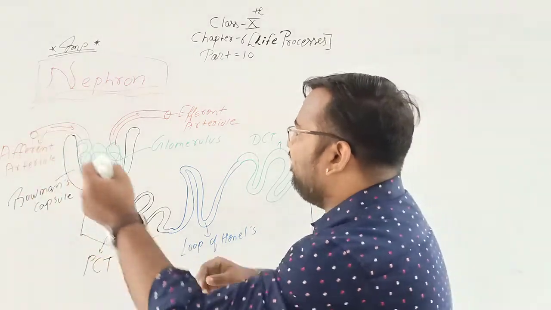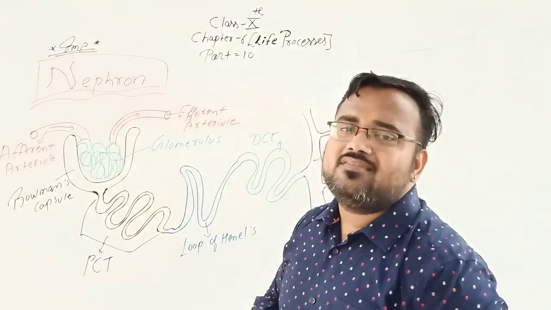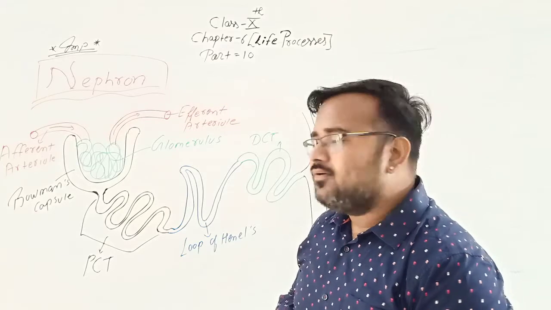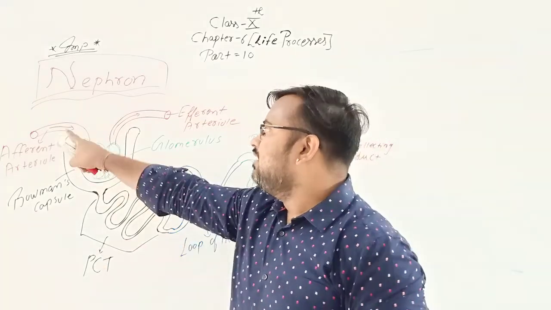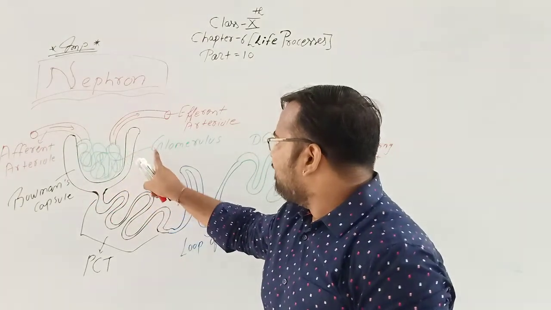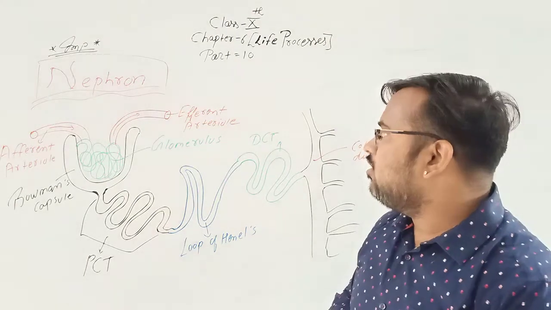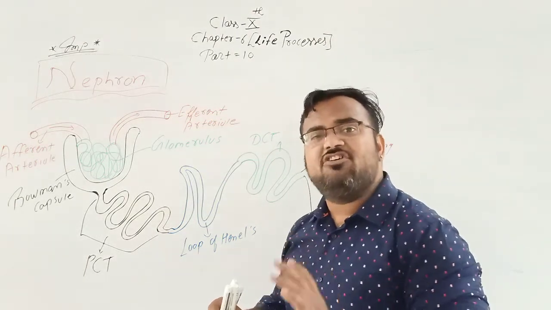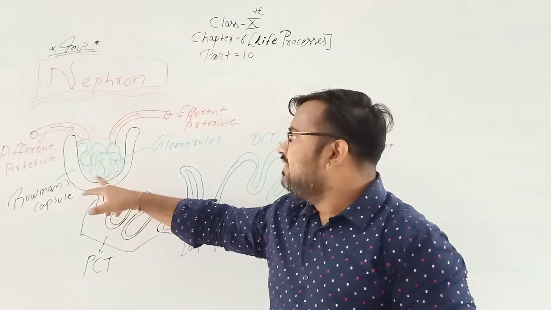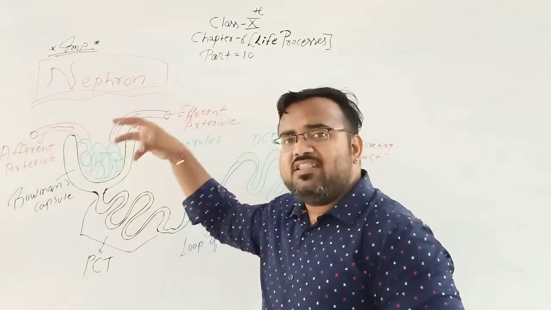Now, when the impure blood, the blood which carries the waste material, comes here, a network of capillaries is present, which is known as the glomerulus. Here there is some pressure. The afferent arteriole carries the impure blood with pressure.